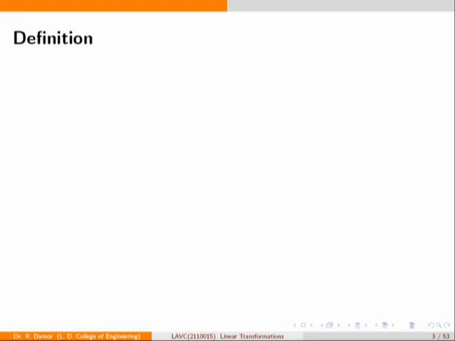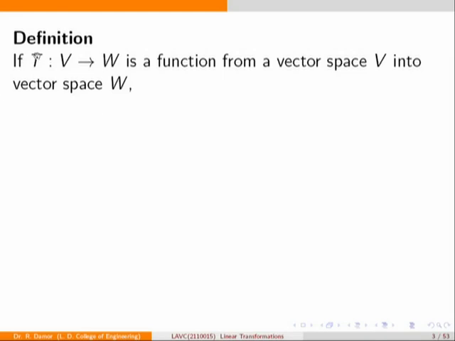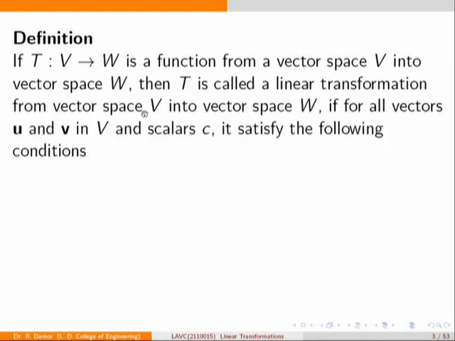We define the linear transformation T from vector space V to W, which is a function from a vector space V into vector space W. Then T is called a linear transformation from V into W if for all vectors U and V in vector space V and scalar C, it satisfies the following two conditions.